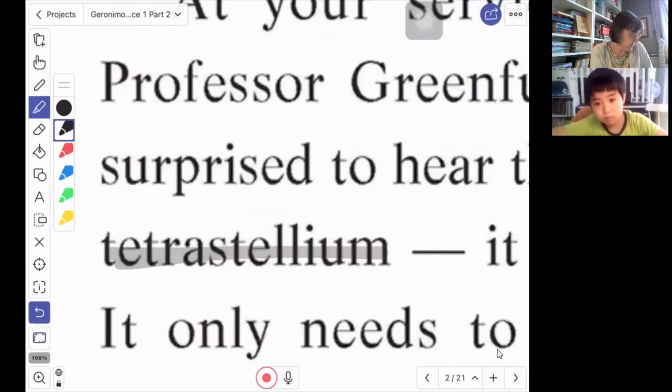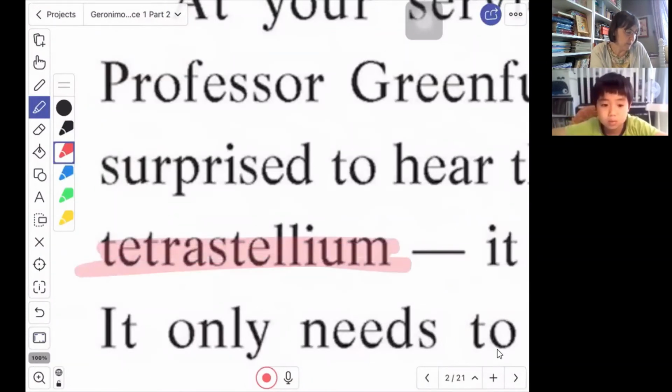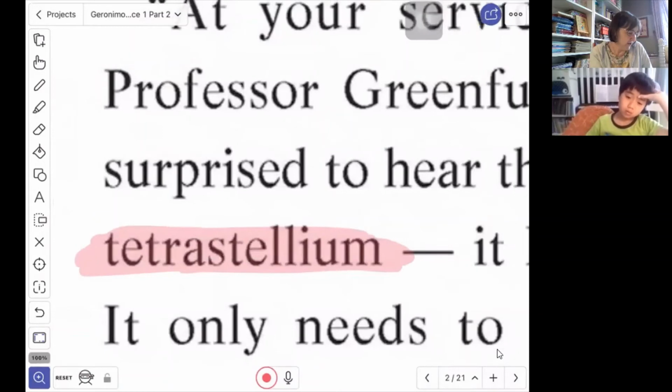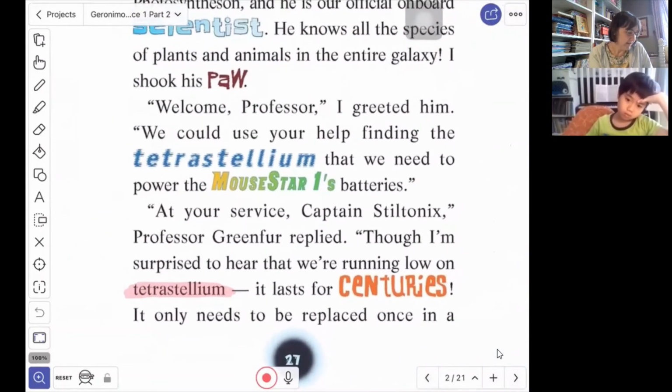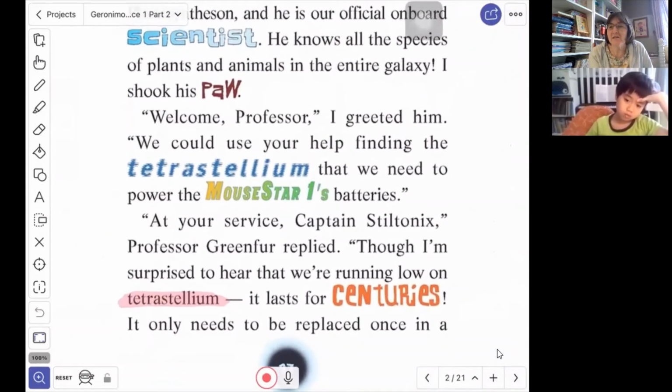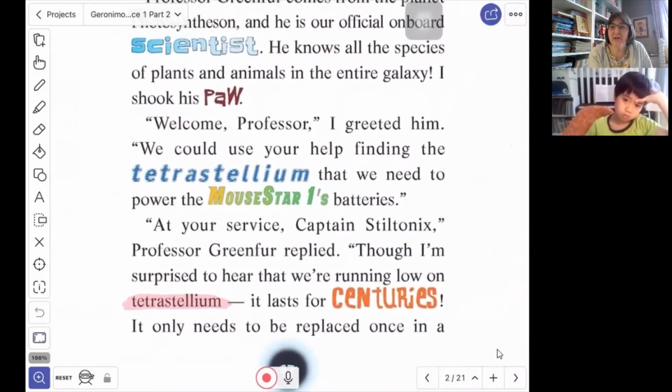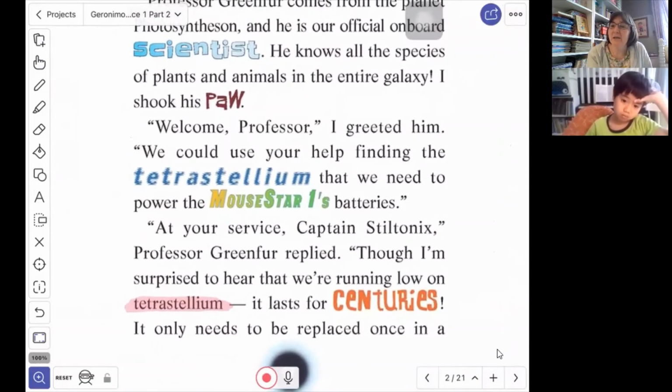Oops, I didn't mean to use black. Tetrastellium, that's a made up word. Okay, that's not on the periodic table of elements. This is not an element that is on planet Earth. And he tells Professor Greenfur that they're going to go to planet Ratos to get this element to save their spaceship so that it won't explode.